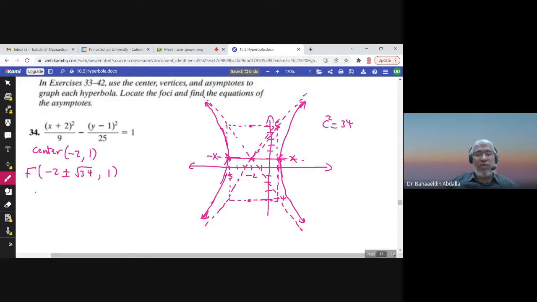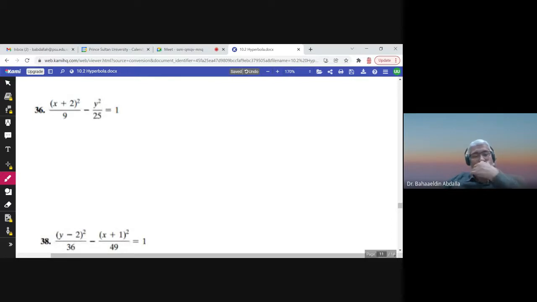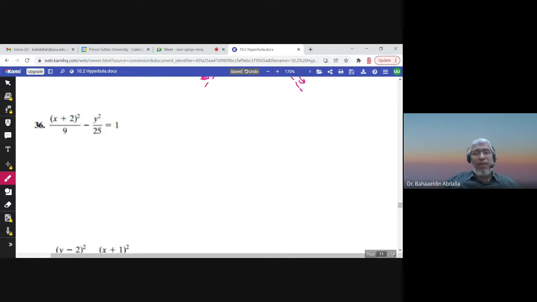The equations of the asymptotes: y minus 1 equals plus or minus 5 over 3 (x plus 2). The center here is negative 2 and 0, x minus h, y minus k.